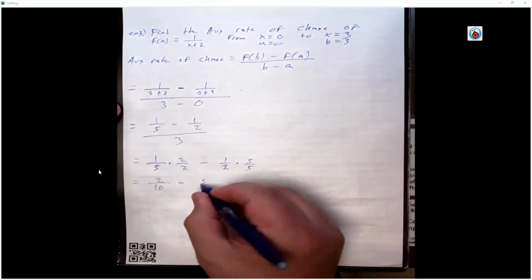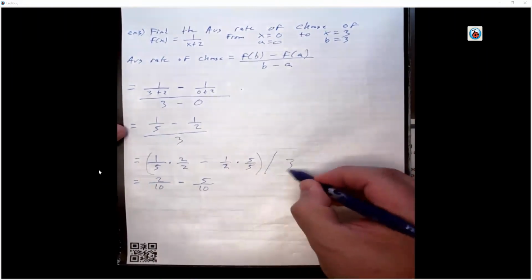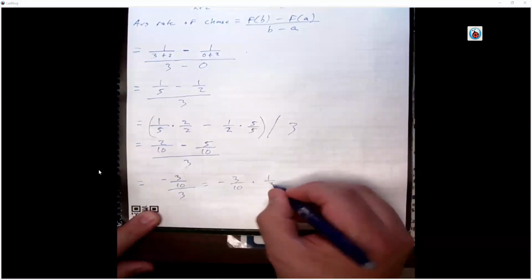That'll be 2 over 10 minus 5 over 10. And technically there is a 3 that I forgot about, so I'm just going to put it over here. So 2 minus 5, what's that going to be? -3, so this is -3 over 10 divided by 3, which is the same as -3 over 10 times 1 over 3.